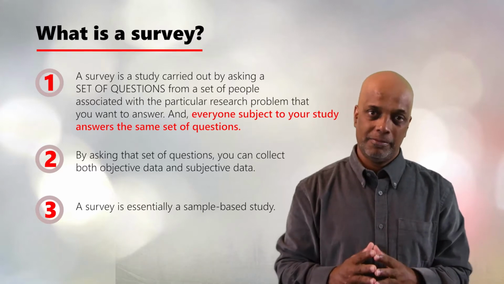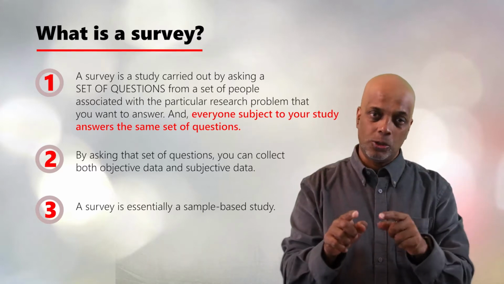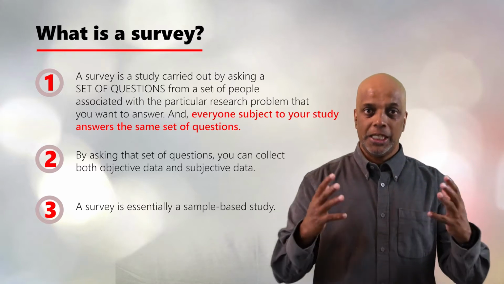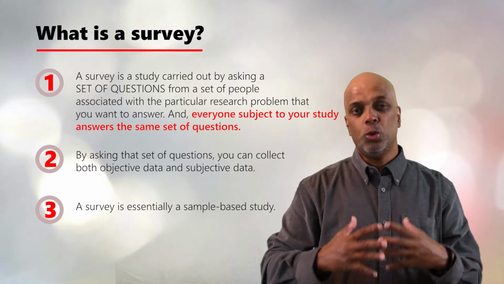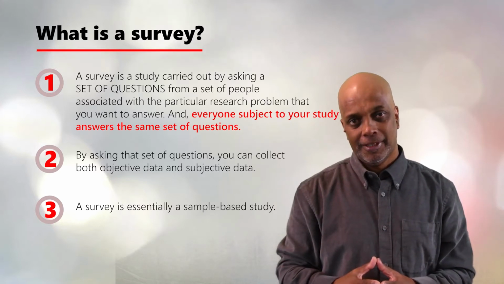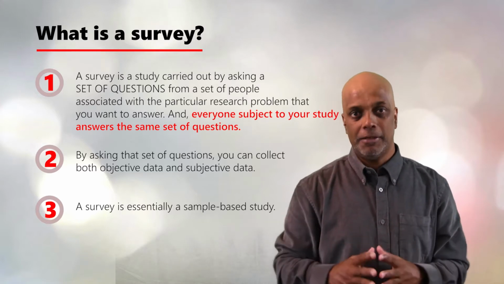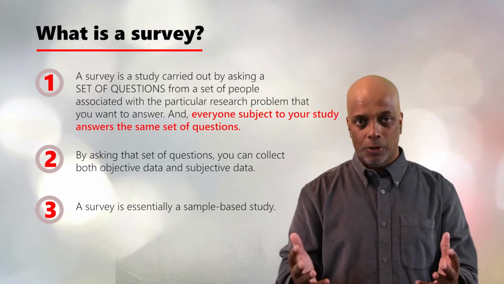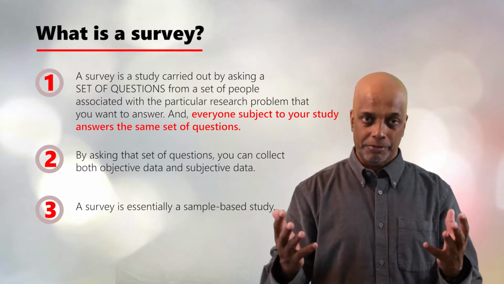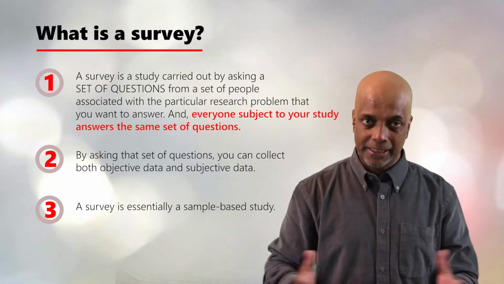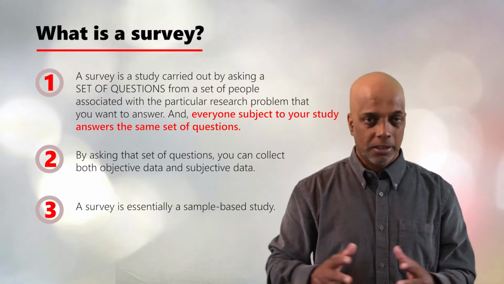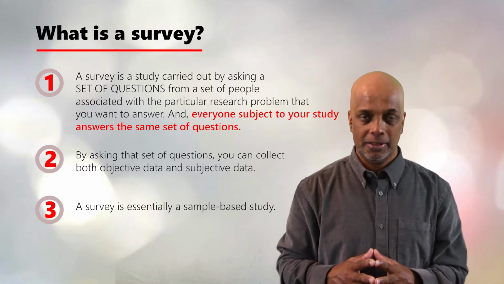Most of the time, the total number of people associated with your research problem, or the population, is unknown or too big to reach. Therefore, most of the time, carrying out a total population study, which is often called a census, is impossible or too costly or too time consuming.